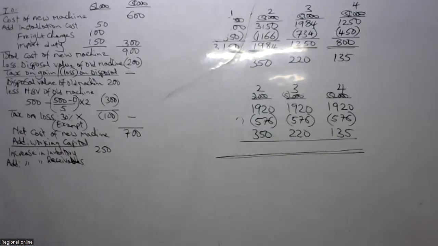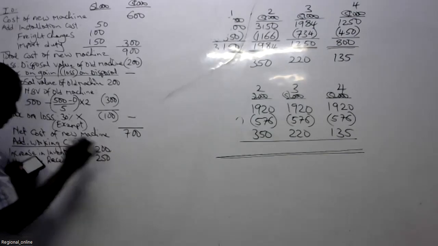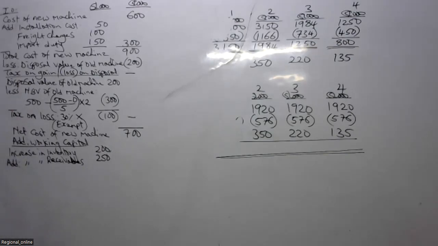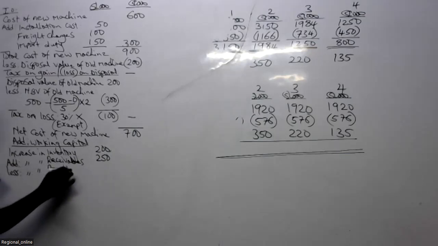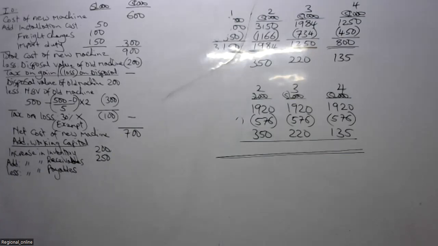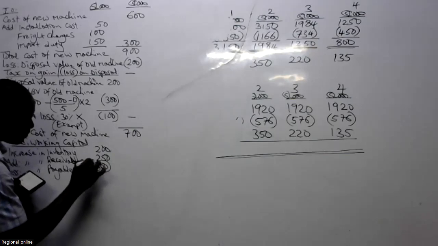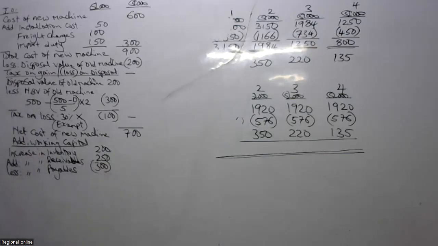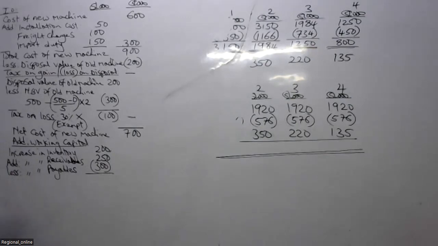Or inventory is 200. And debtors need? Debtors go to 50. Then we less increase in what? The payables, the creditors, which will increase by how much? I think 300. So how much do we have? 150.